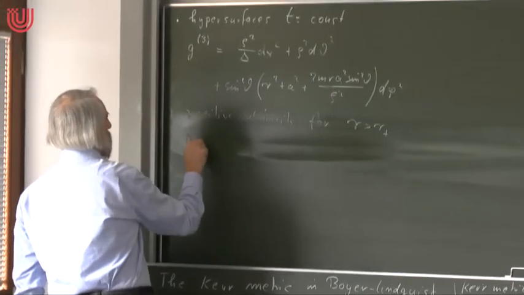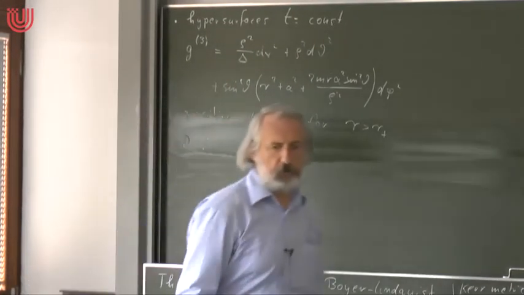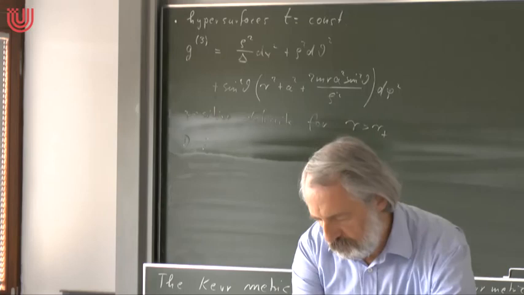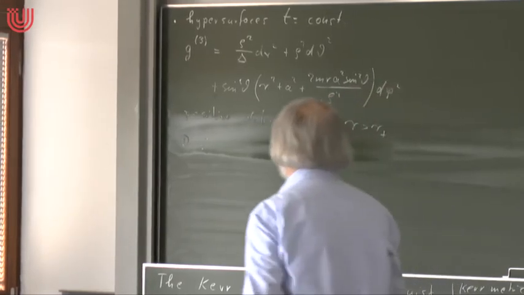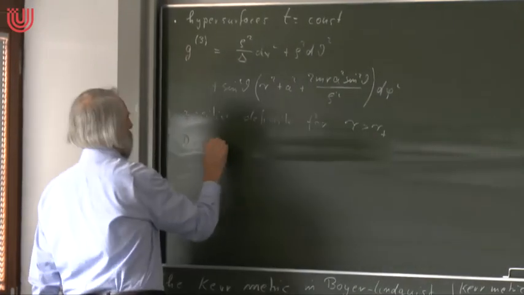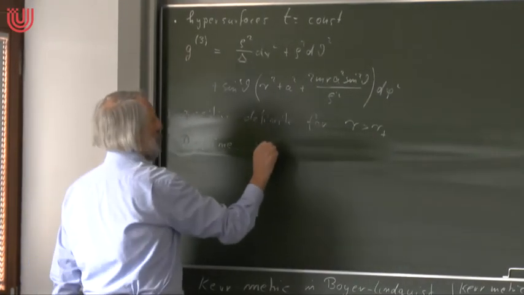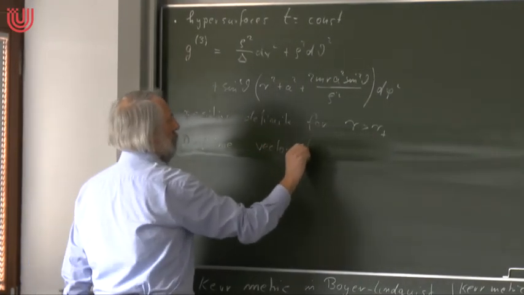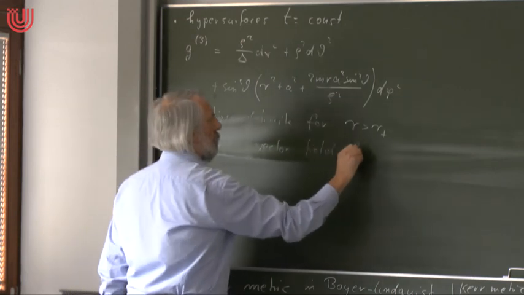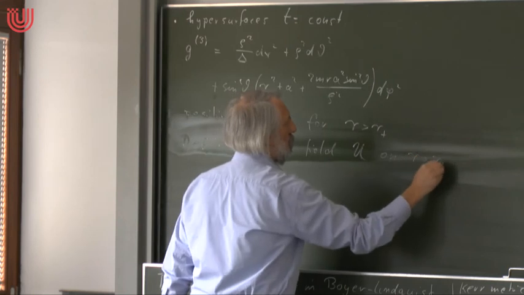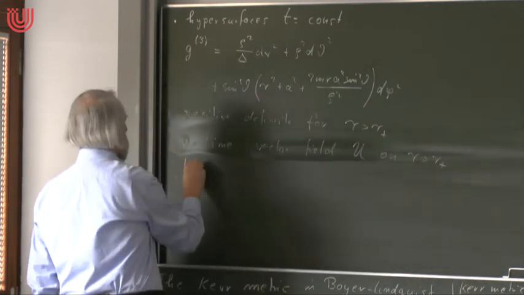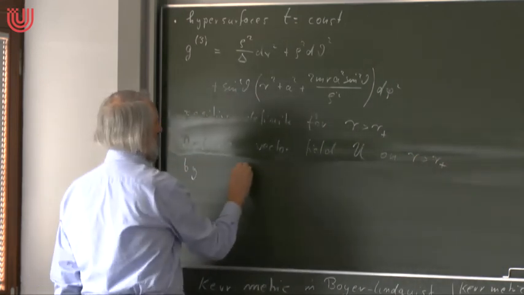So we can define a vector field U on this domain by two properties.